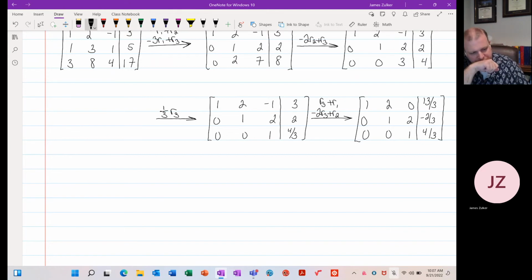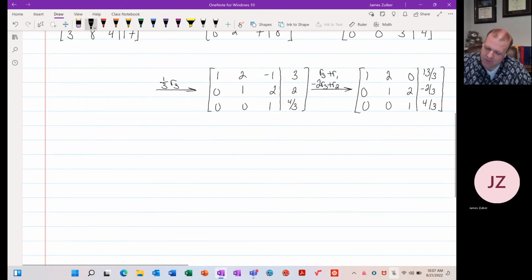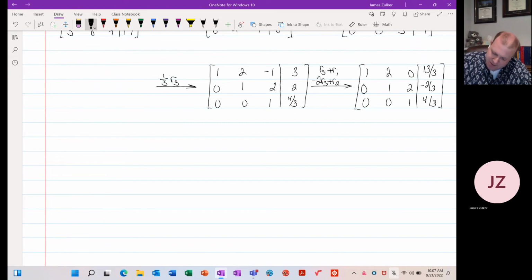Okay, this is what we get. Now we take the leading one in the second row, that's the 2,2 entry. Let's zero out everything above it.